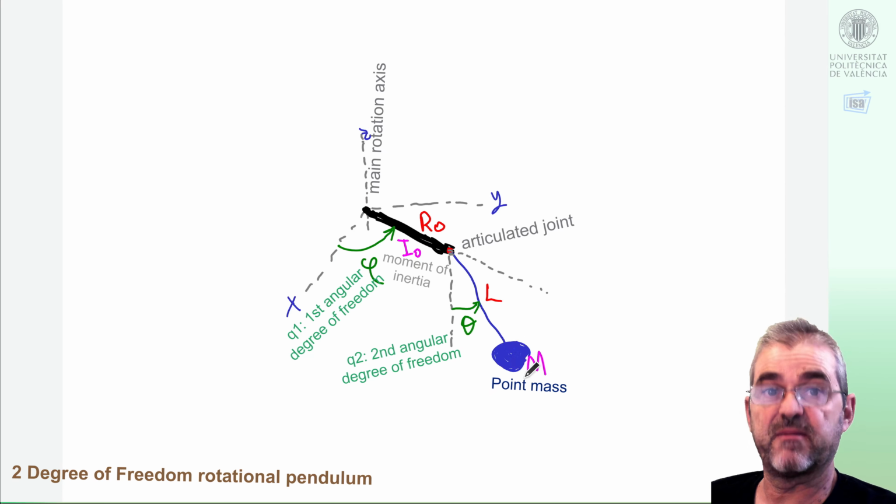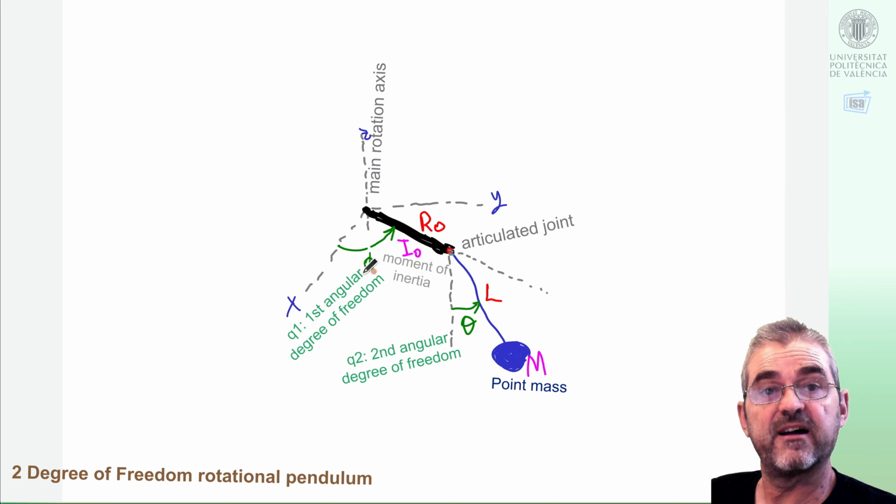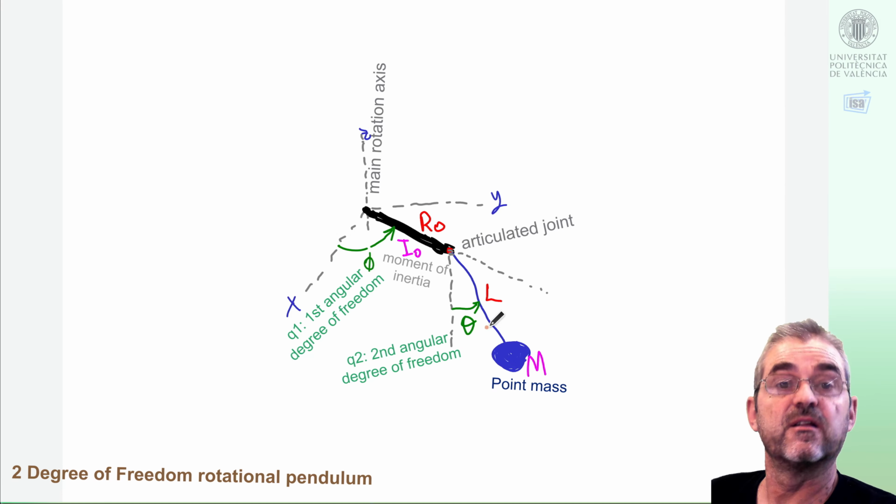So, in summary, my movement will have two mechanical degrees of freedom, this angle phi and this angle theta.